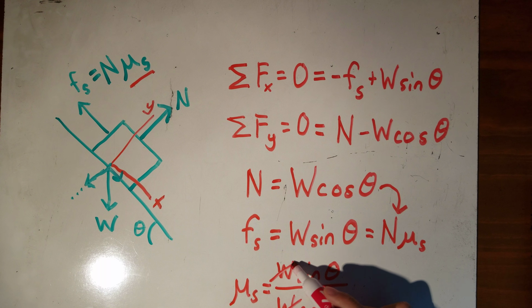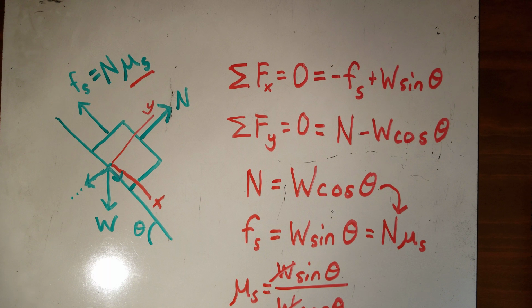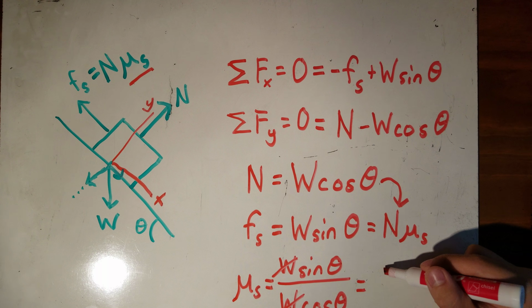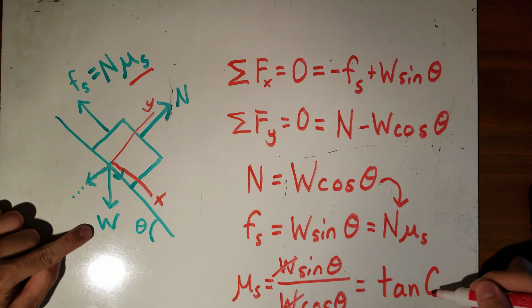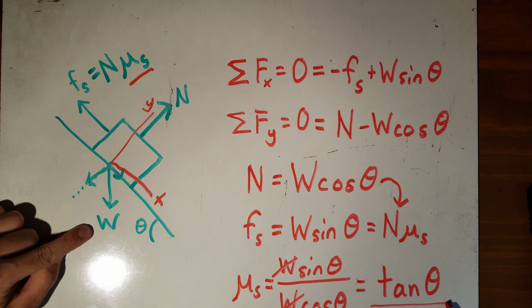The w's cancel out, and the sine and cosine are going to cancel out, and we'll find that mu of s, no matter what the weight is, is always going to be equal to the tangent of theta.